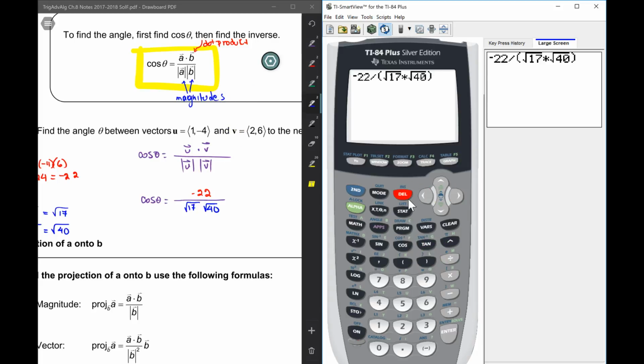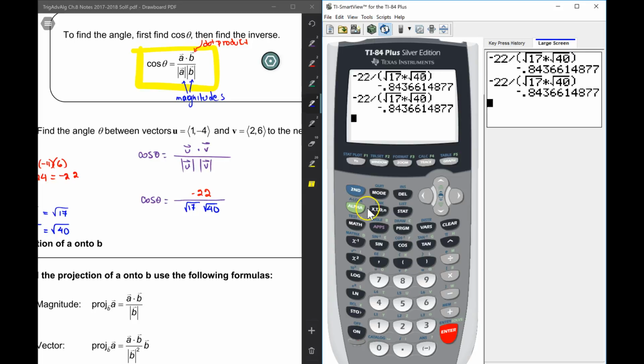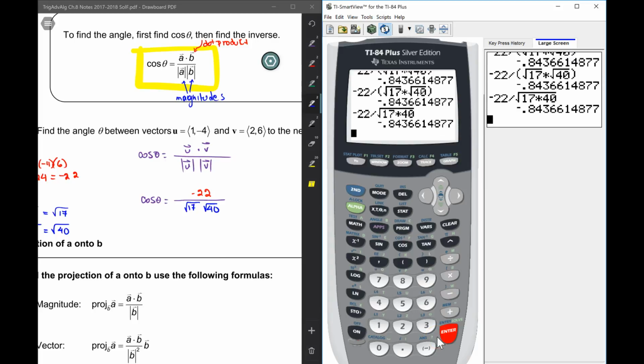Or you could do negative 22 over the square root of 17 times 40. Same exact thing. You see that?